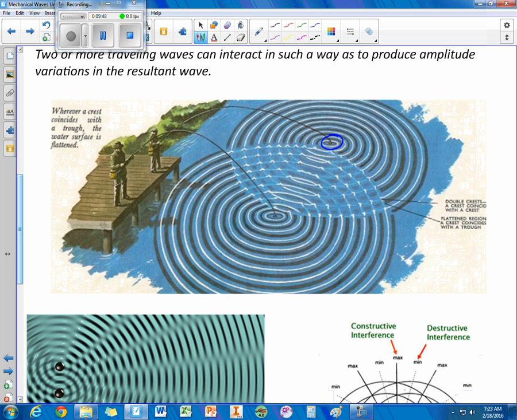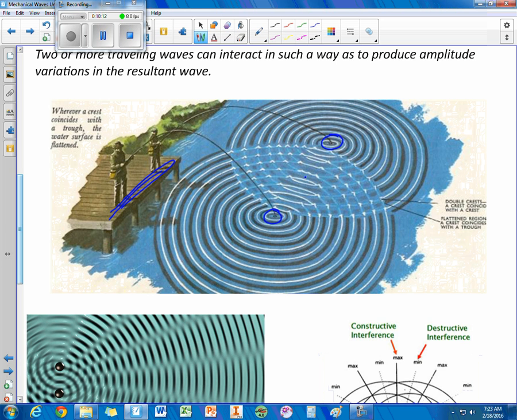So here I have one up here, and here I have one here. And it's from these two people fishing. If these are two periodic waves, that means that it's constantly bobbing, sending out ripples. If these waves are of the same amplitude and the same frequency, we can have something really, really interesting happening. We can have some constructive and destructive interference.